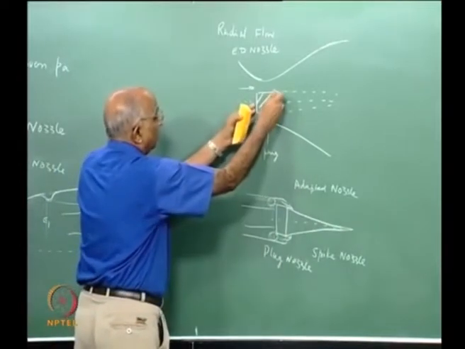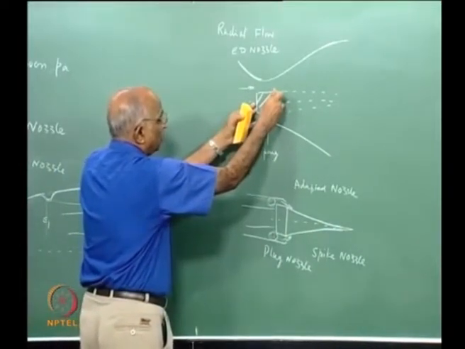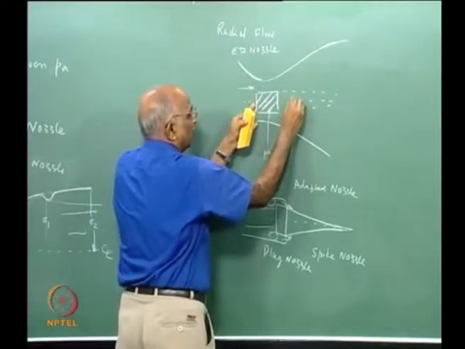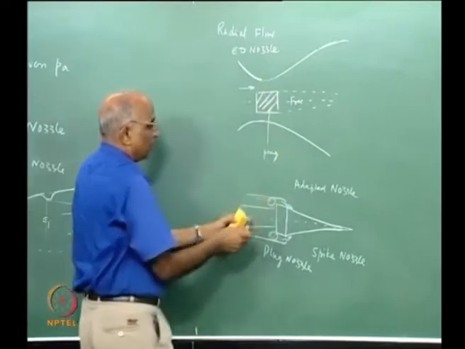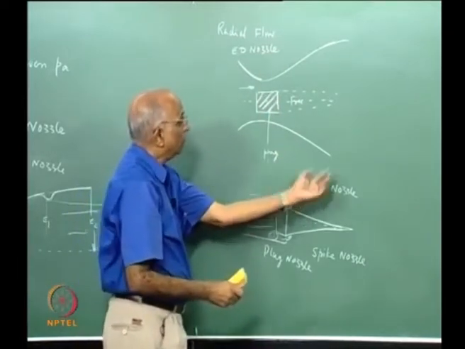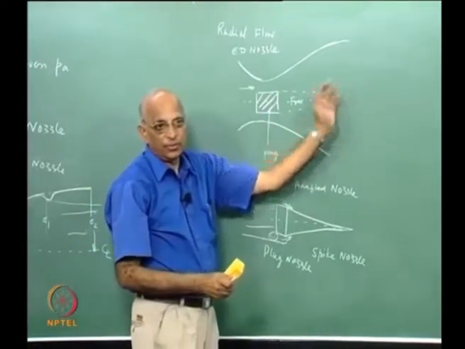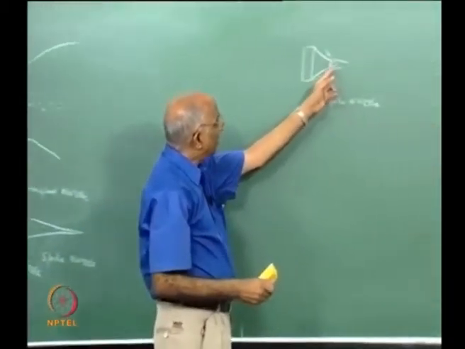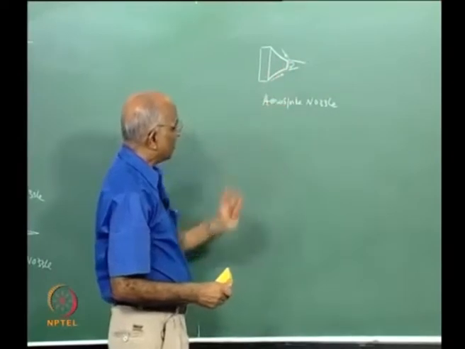The same plug which we used in the case of a contour nozzle allowed the contour to deflect the flow, and here it was free, such that these are nozzles which can adapt to the ambient pressure. Aerospike, again we are having additional thrust coming from this, which we call aerospike.